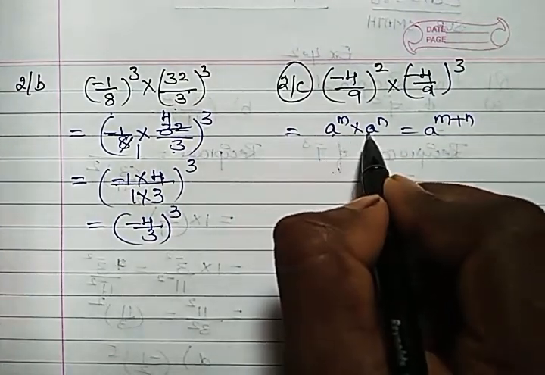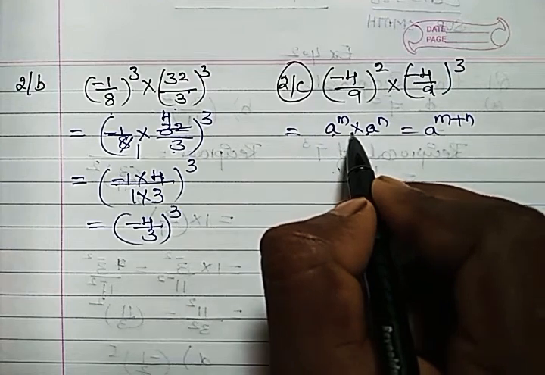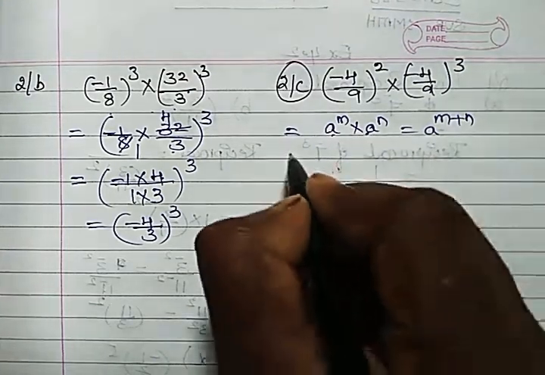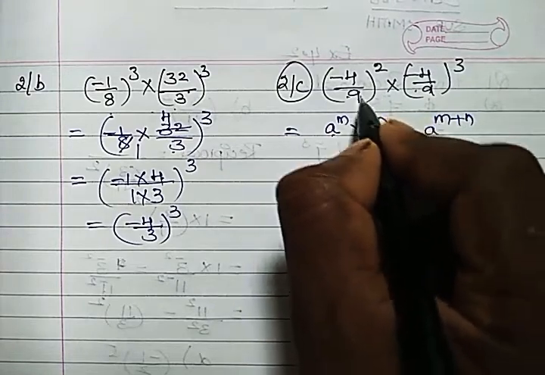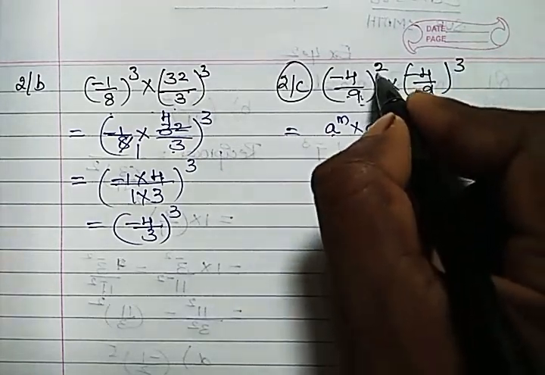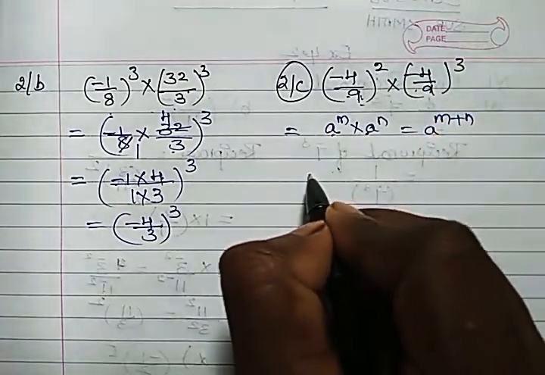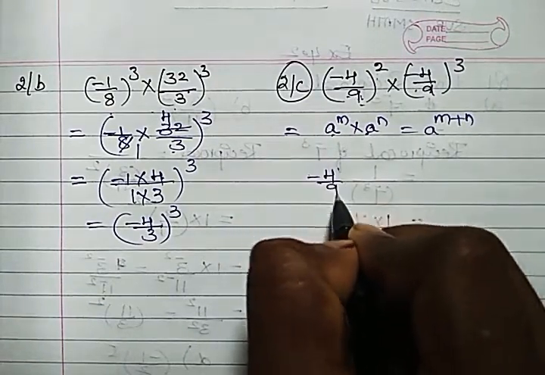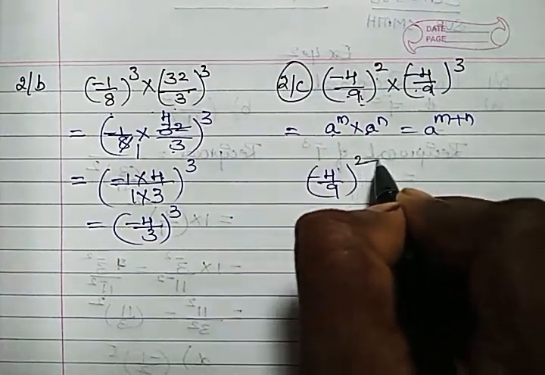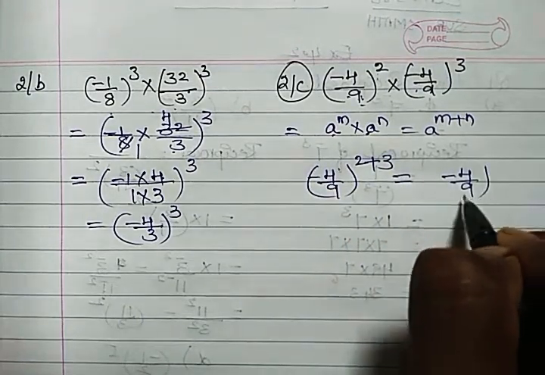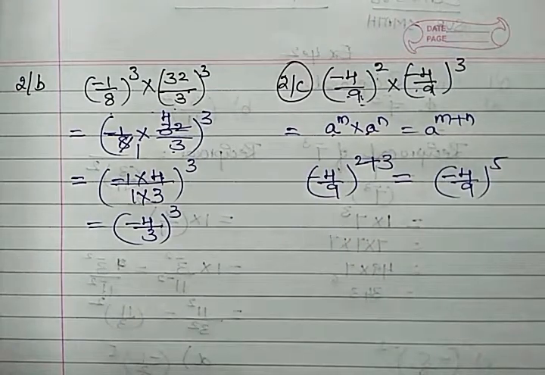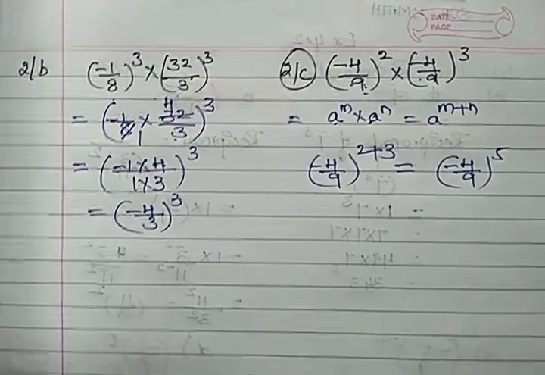If both the bases are same and they are in product form, we simply have to add the powers. Here, in place of a we have minus 4 by 9, so we just add 2 and 3. So we'll have minus 4 by 9 whole power 2 plus 3, which is equal to minus 4 by 9 whole power 5. So that's the answer for 2C.